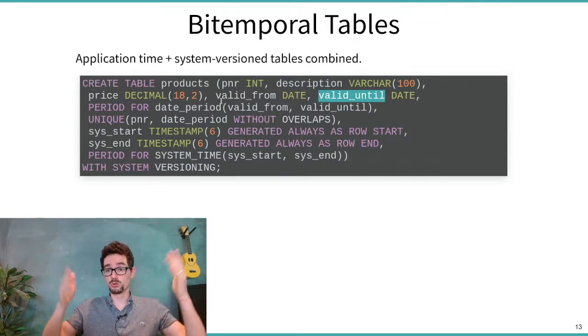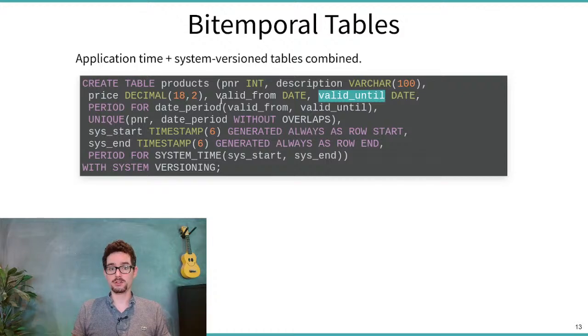So you track when will the product have which price. And for that table, you also activate system versioning. So with system versioning, and you have sysstart and sysend here to keep updated on updates, deletions, and insertions and so on.